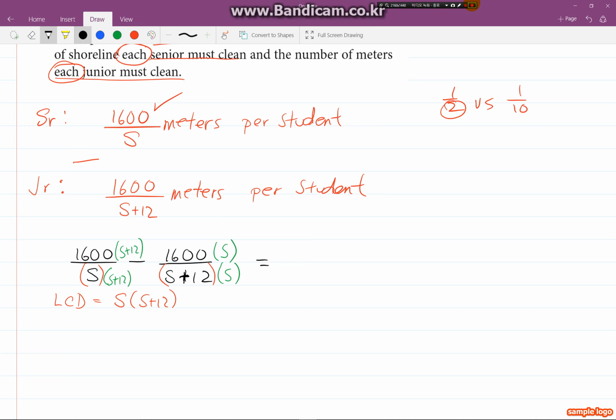All right, so let's go ahead and put all this together. 1600 times S plus 12, minus 1600 times S, all over the LCD of S and S plus 12.